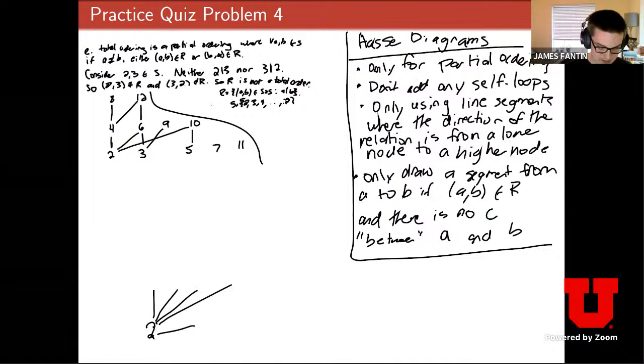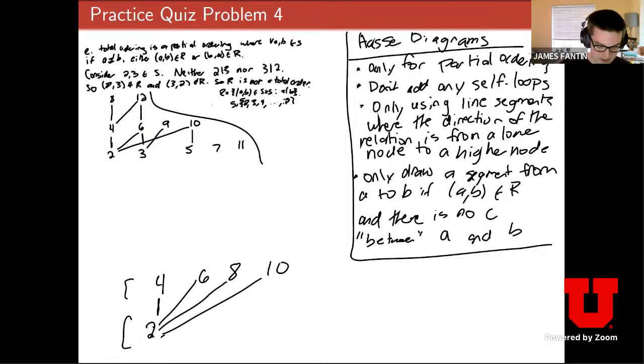We never draw them sideways. If we have a relation between 2 and 4, we move it up to the next level, because the line segments always go from lower levels to higher levels. So we'd go from 2 to 4, 2 to 6, and then we could do 2 to 8. We could write it this way and then do a bunch of erasing later. And then if we figure out what 4 is related to, well, 4 is related to 8, so I have to take this out.